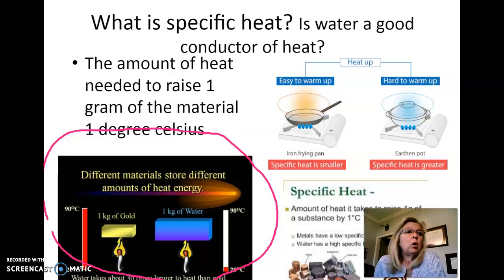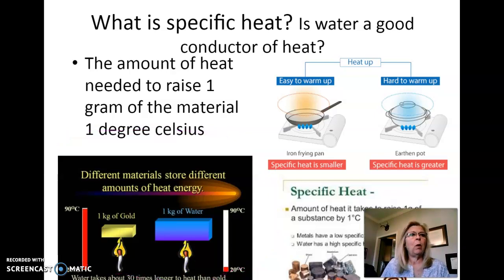In that time, gold heats from 20 degrees Celsius to 90 degrees Celsius. Water only heats from 20 degrees Celsius to a little bit over 20 degrees Celsius. So I would guess maybe 25 degrees Celsius. So water is not a very good conductor of heat, whereas gold is really good. If we compare their specific heat capacity, gold has a very low specific heat capacity because it transfers heat very well. Water has a very high specific heat capacity because it does not transfer heat well.